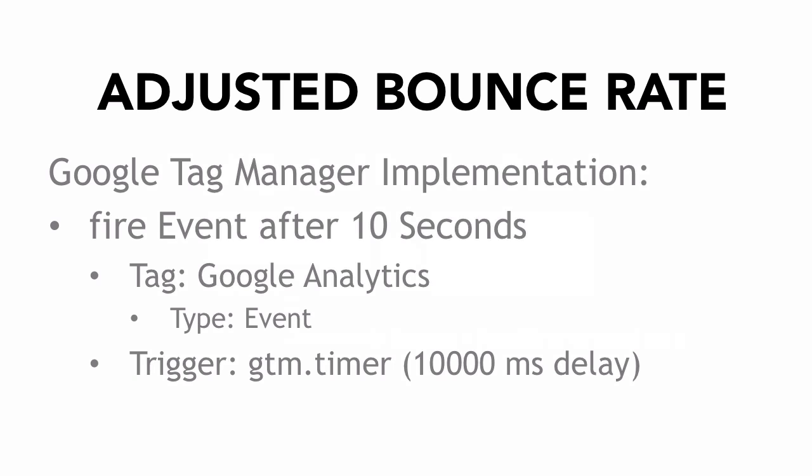And we will use a trigger, the GTM timer trigger, that will automatically fire this event after 10 seconds. Now we do this with an event because an event doesn't inflate the page view count. We could also do this with a virtual page view, but this would inflate our page view count and we don't want this to happen. So we'll just fire an event in this case.